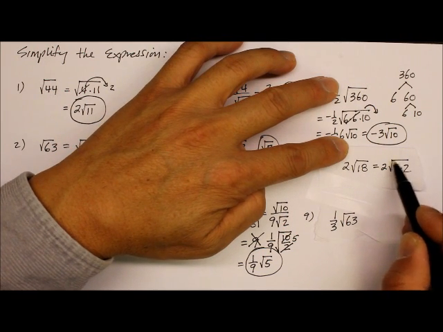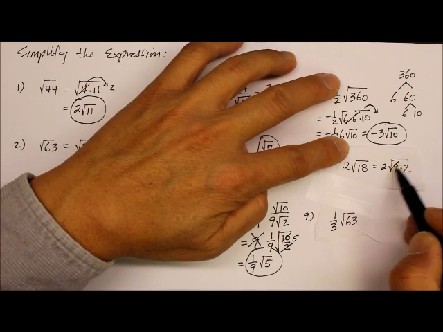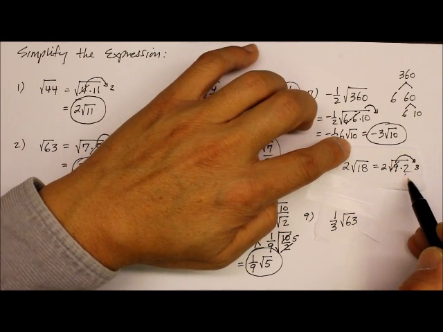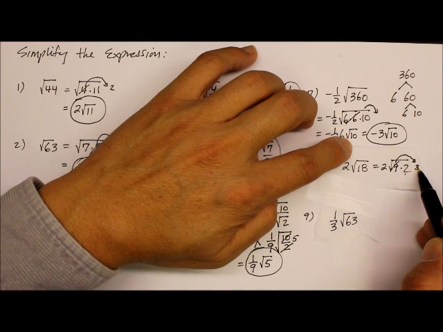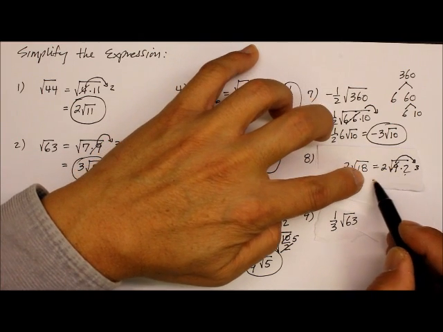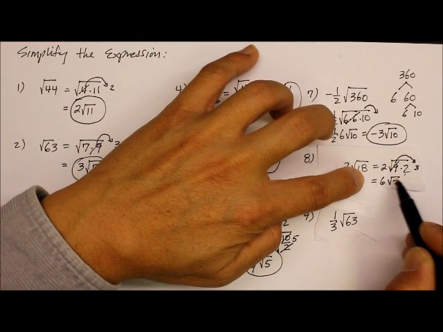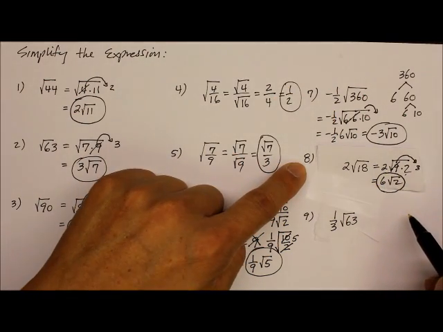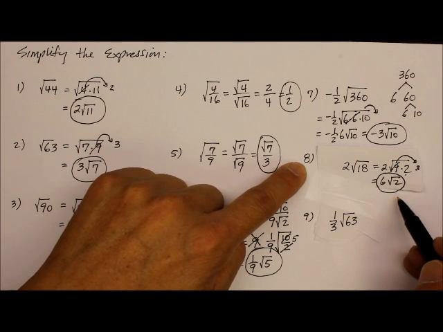And I know what a square root of 9 is. It comes out as a 3. Whee! 2 is stuck inside. So the number 3 comes out, multiplies with the coefficient 2, so you get 6 square root of 2. And that's the final answer for number 8, the modified one.